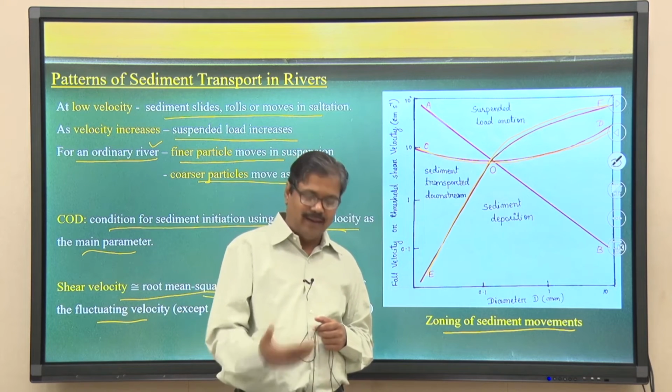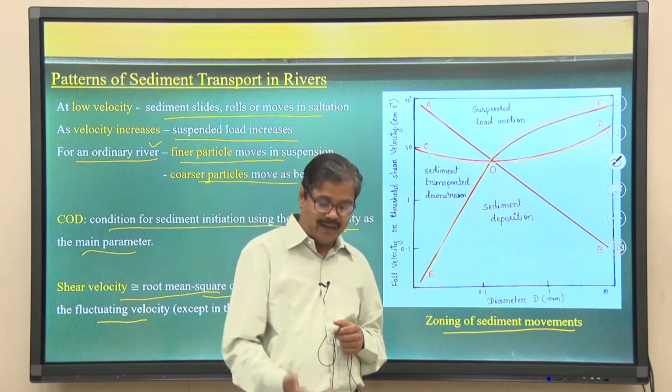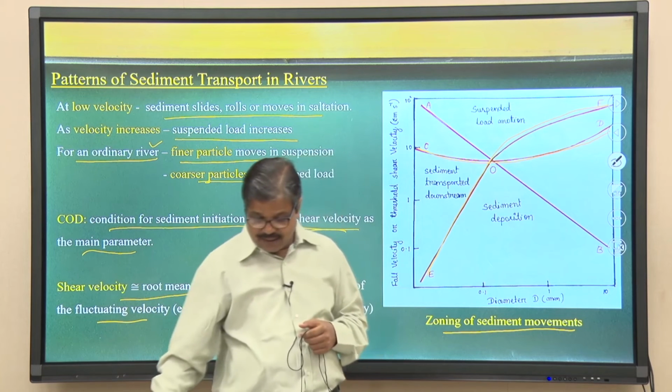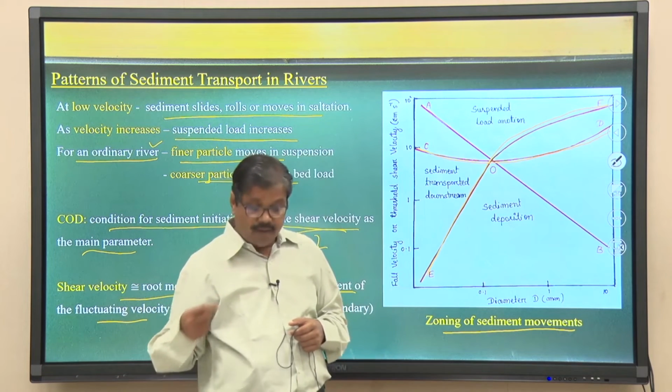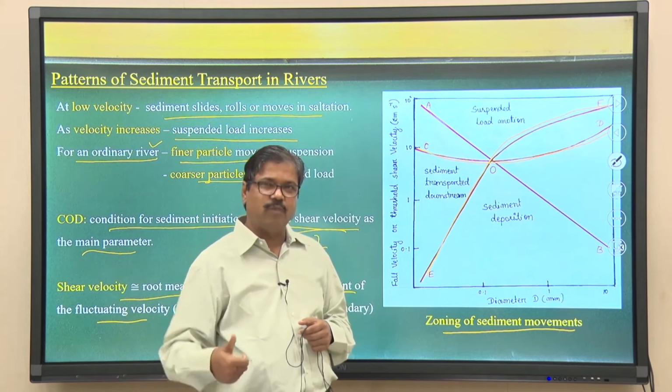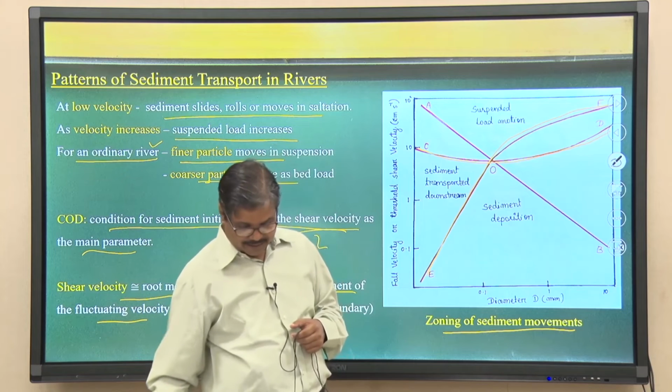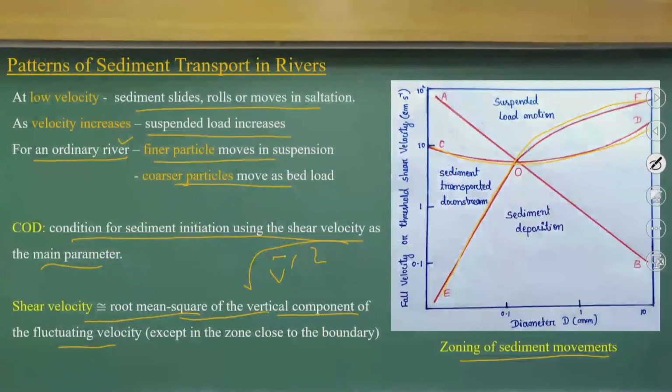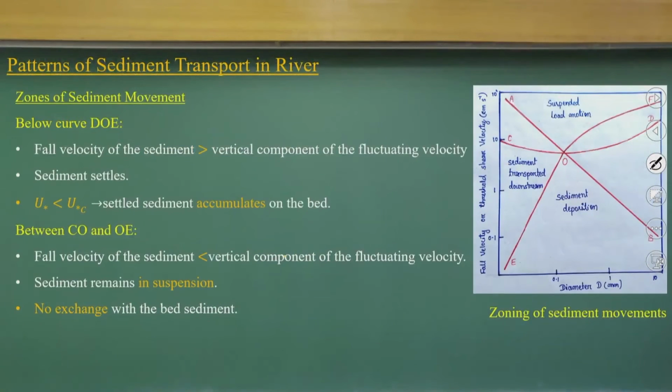If you are more interested in turbulence, you can understand that this is the shear velocity because of the fluctuating velocity component in the vertical direction. So, if you look at the curves and the sediment zones, first I look at the area covered by DOE.